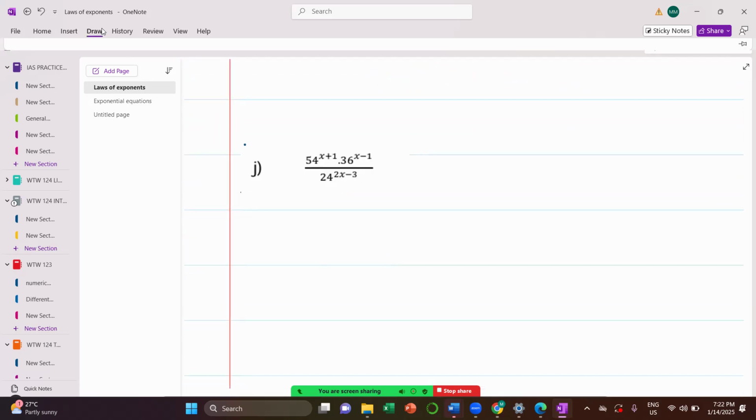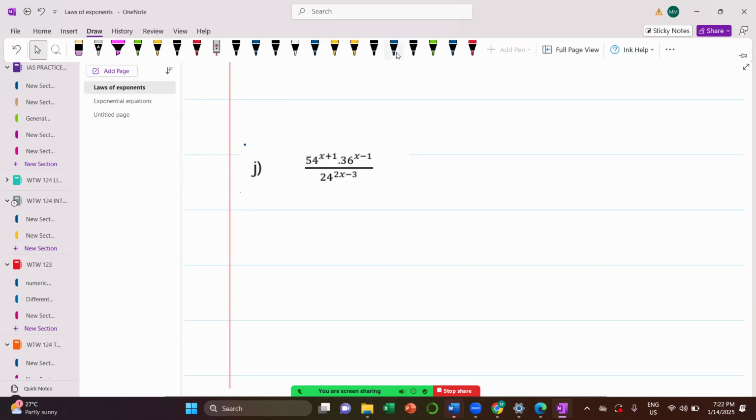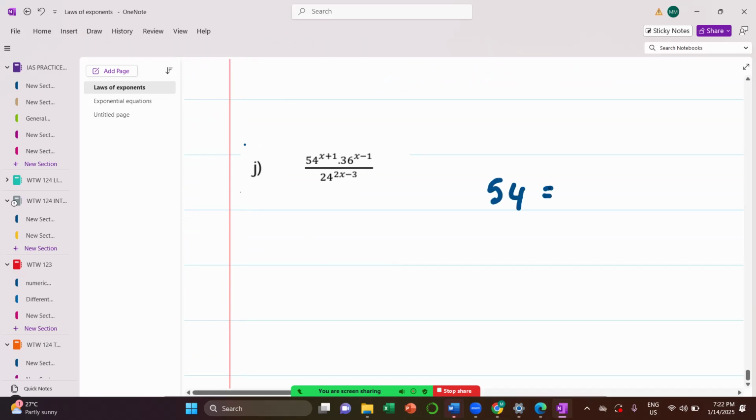So my tip was that whenever you see the numbers, you just try to find the factors of these numbers from the calculator. So now you have 54. What is 54 equal to? I say 54 equal sign and then shift fact. It's going to give me 2 multiplied by 3 to the exponent of 3.